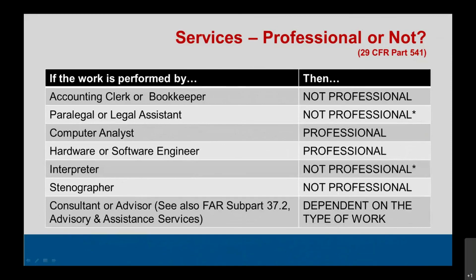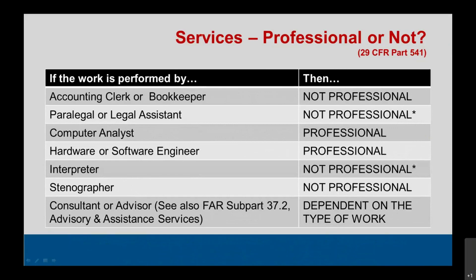So here's a list of what are considered learned professionals who perform work that may require some advanced knowledge in a field of science or learning, and knowledge must be customarily acquired by a prolonged course of study. The Fair Labor Standards Act says whether or not they are considered exempt, though.